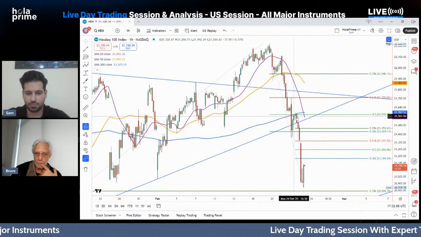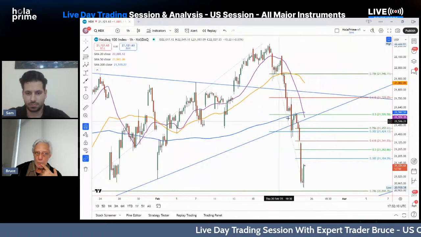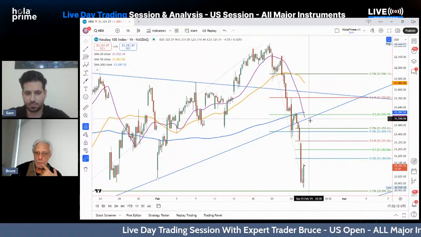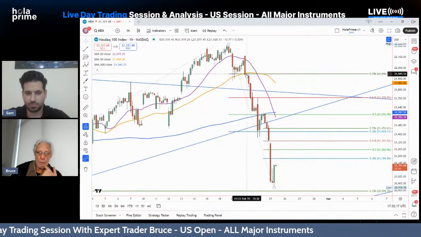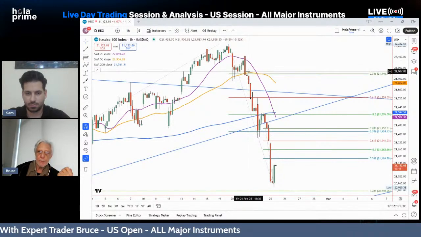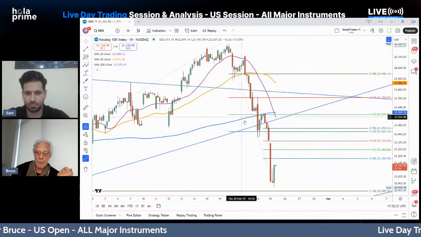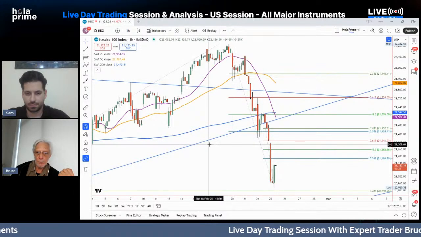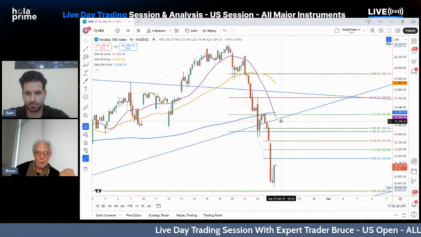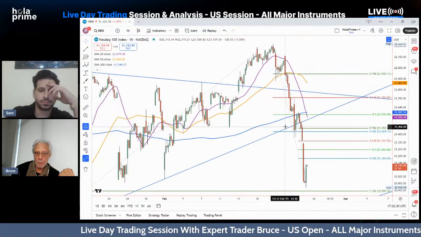Also notice the back test of the 200 moving average right here. As the downtrend progresses, also the breakdown of the 50 here. Notice that the next day's high tested resistance at that 50 moving average. That was support, etc. Also, the 20 moving average has crossed below the 200.